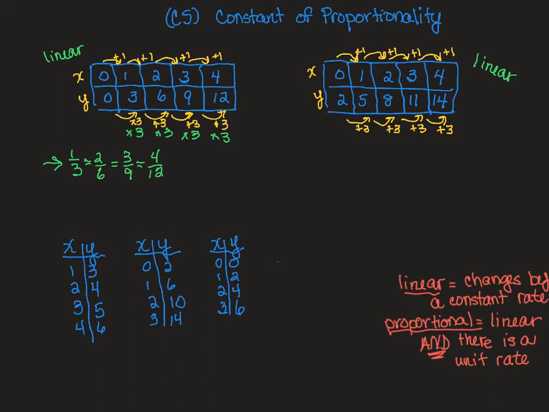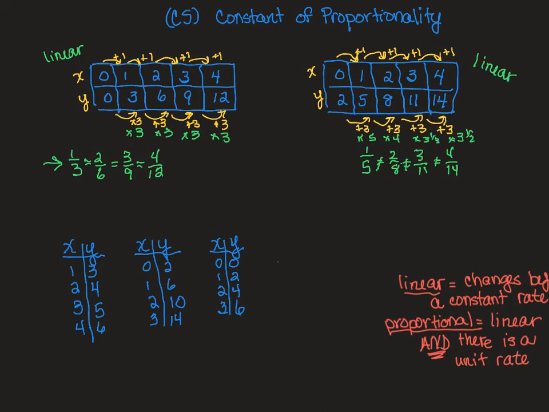Now I'm going to look at the other side. I have 1 over 5, 2 over 8, 3 over 11, and 4 over 14. These are not proportional. I can look here and say this is times 5, this is times 4, this is times 3 1/3, maybe, this is times 3 1/2.